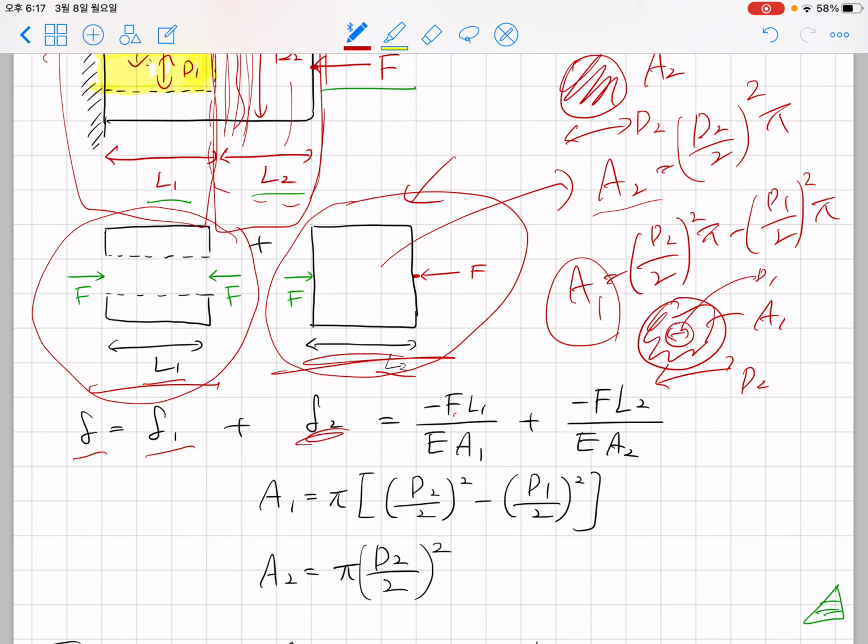So please try to draw the free body diagram correctly, and once you do, you will be able to apply the force-displacement relationship quite easily, and that will be the end of solving axial loading problems. Okay, this is the simplest type of problem, and that's why it's the first chapter out of 4 reactions.